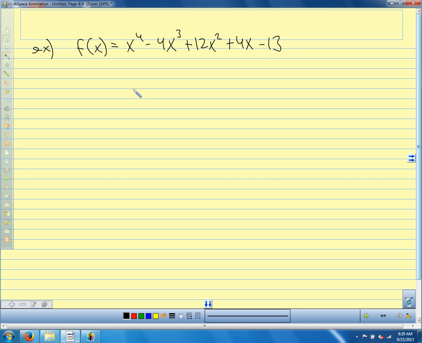And we know that 2 plus 3i is a 0. The problem tells us to find the rest. So we have 1 zero.